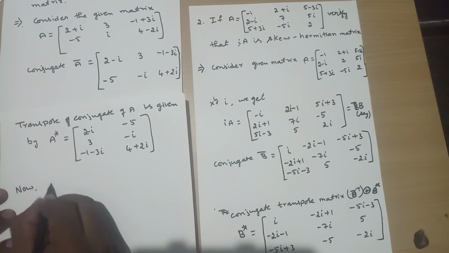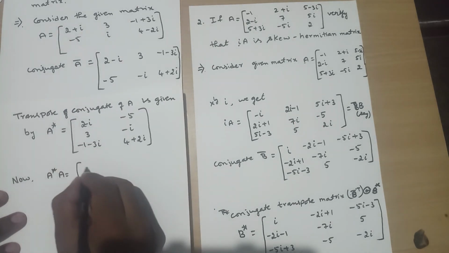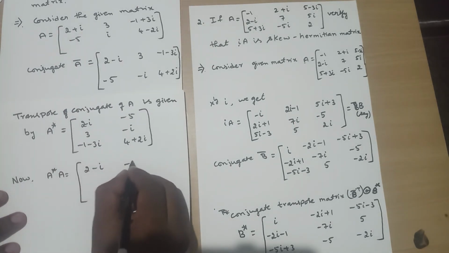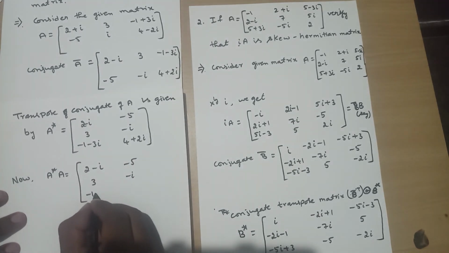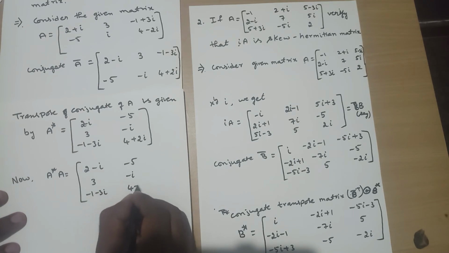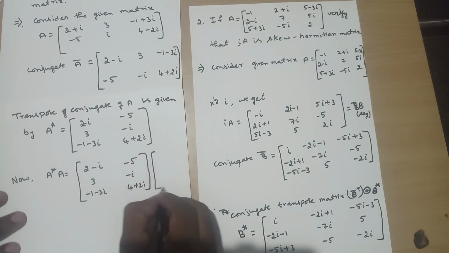we consider A star A. So what is A star? A star is 2 minus I, minus 5, 3 minus I, minus 1 minus 3i, 4 plus 2i. Now what is A here?